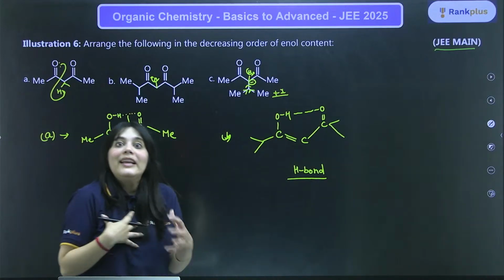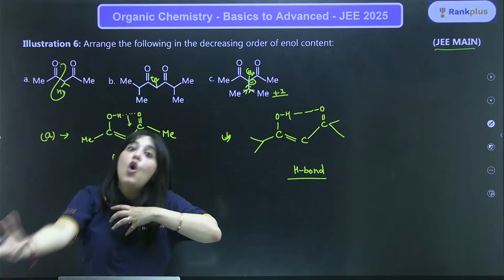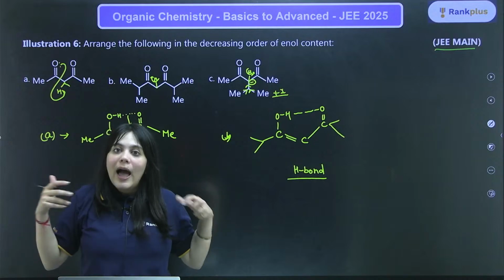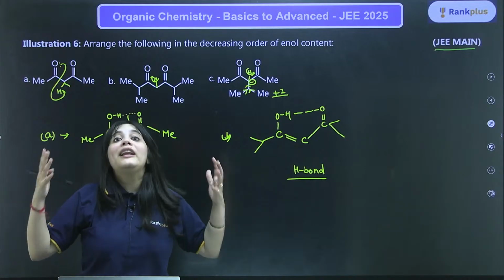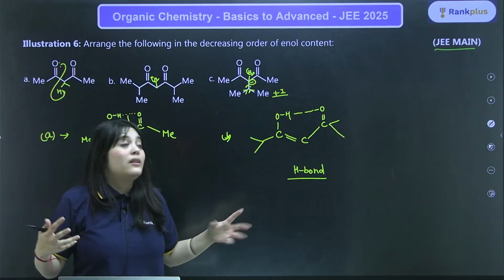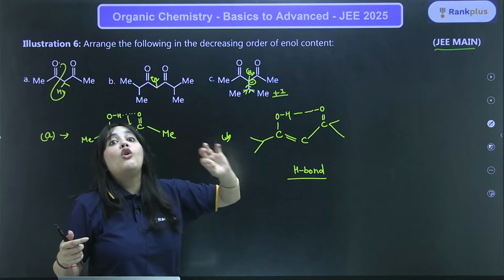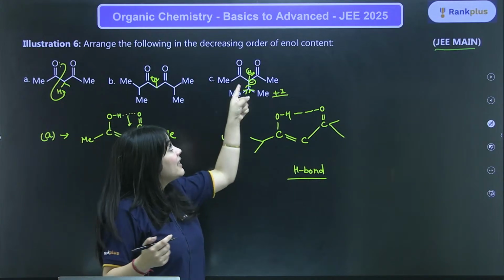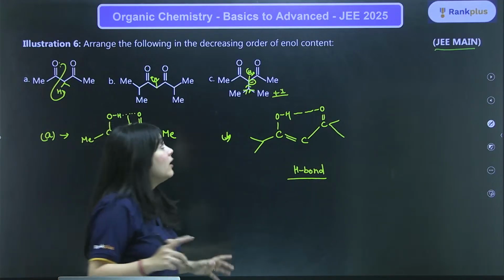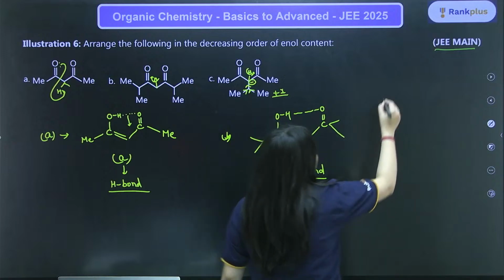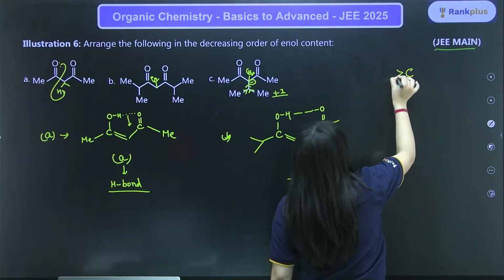So I'm already negative and you've attached so many plus I groups on it. You're giving me more electrons, so you're making me unstable. This would be the most unstable species because the negative charge is not stable at all. So C would have the least enol content.